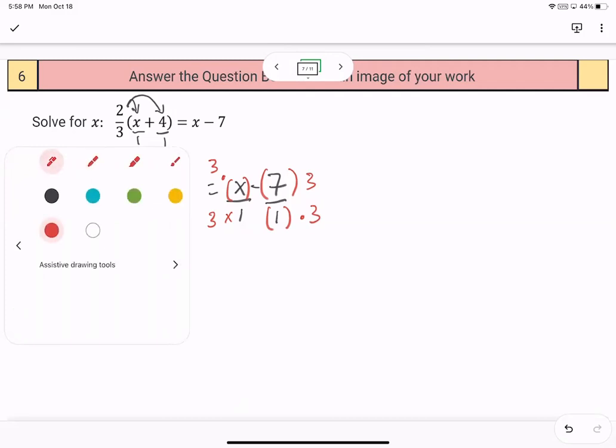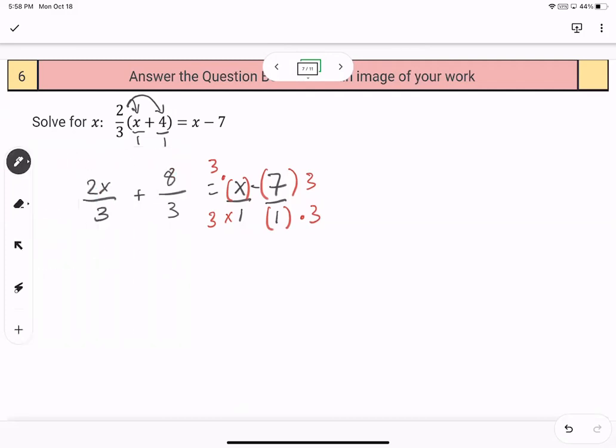So what does that leave me with? If I bring everything down, I'm left with 3x/3 minus 7 times 3 is 21/3 is equal to, now bring down everything on the right side, 2x/3 plus 8 over 3.